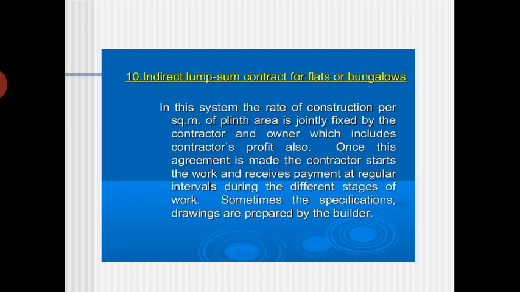Once this agreement is made, the contractor starts the work and receives the payment at regular intervals during the different stages of work. Sometimes the specifications and drawings are prepared by the builder itself. So it is nothing but indirect lump sum contract of the flats or bungalows.